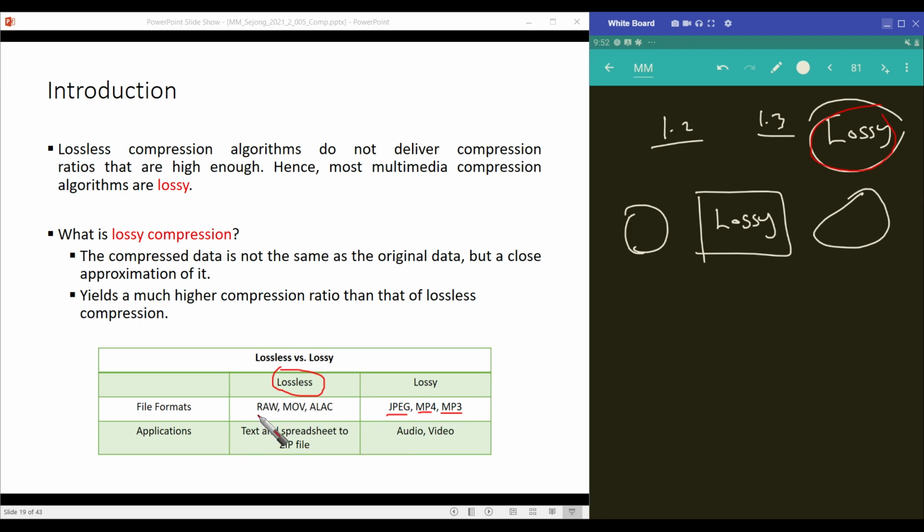The raw file, for example, is used just as a source file, based on which we prepare the other files. The applications for lossless algorithms are text processing, spreadsheets, zip files, those things. And for lossy compression, generally we use it for audio, video, and image.